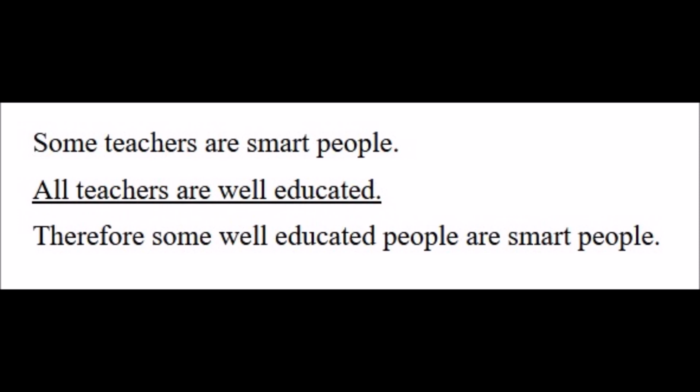Looking at distribution, the middle term of teachers is distributed in the minor premise. Illicit distribution is not possible as we have an I-type conclusion that distributes neither term. So the result is that this syllogism is valid, and we can also state that every third figure IAI syllogism is valid.